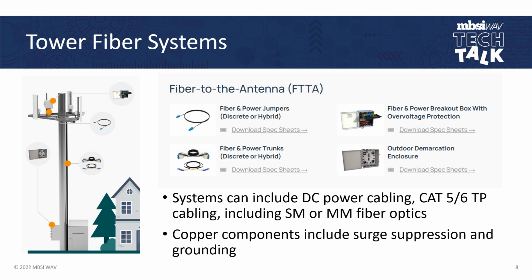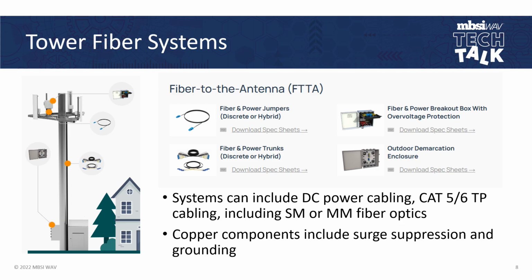And so we have a junction of some sort at the building at the base of the tower. We run the hybrid cable up the tower. The hybrid cabling will have the DC polarities, positive and negative, as well as the fiber cables themselves that come up to probably a surge protected junction box at the top of the tower.